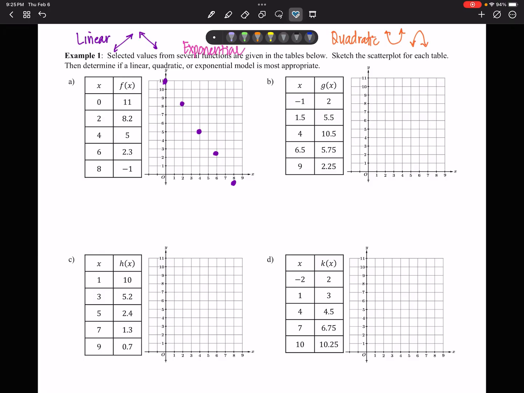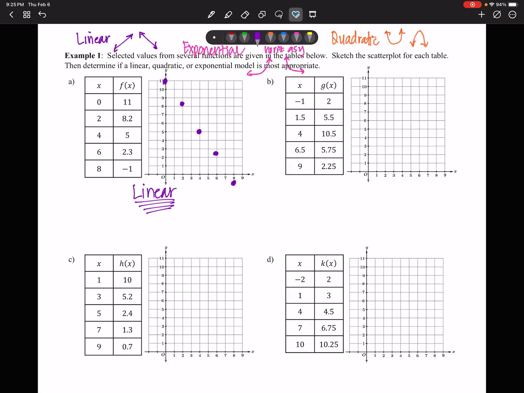So basically you've got a horizontal asymptote on one side and then increasing or decreasing. And then of course you've got your reflections in there as well. So this, I would say most definitely is a linear representation of some data.